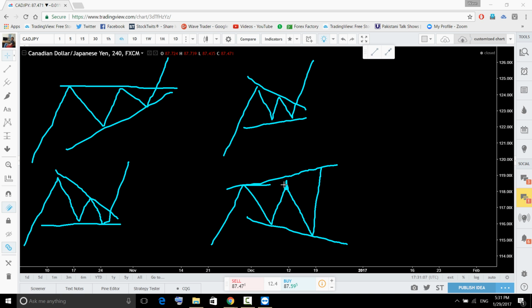So this is the place you guys need to watch. It can push further to the upside and form an expanding triangle, then fall back again into the triangle. So we are experiencing this pattern over there.